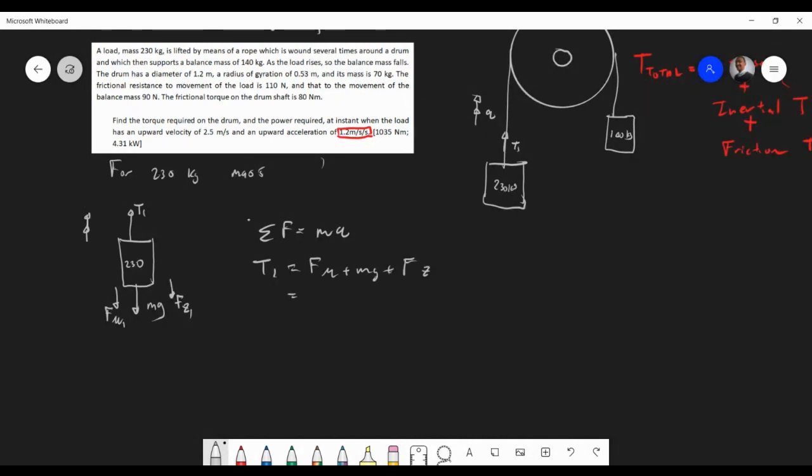force. So F mu is given, that's 110 newtons. The mass, that's the gravity, 230. And then our inertial force is the mass times the acceleration, so it's 230, and we have an upward acceleration of 1.2.